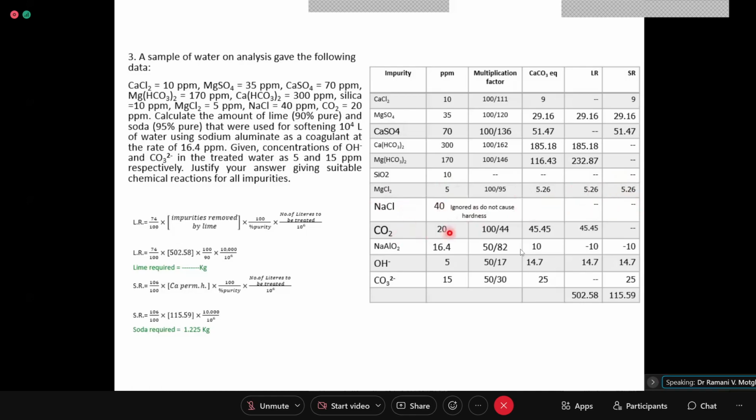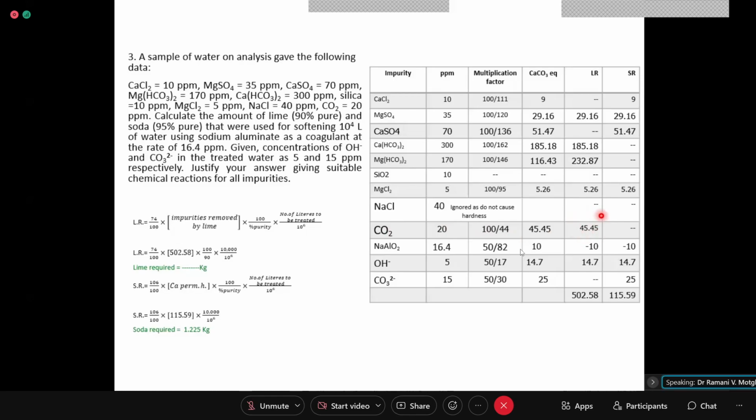Then CO2 is 20 ppm, 100 by 44 is the multiplication factor. Now see the reactions of lime and soda, 6 reactions that you have written. So this is the CaCO3 equivalent. Now you see CO2 plus Ca(OH)2 leads to formation of CaCO3 and it is removed completely there itself.